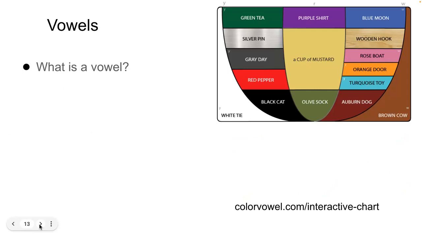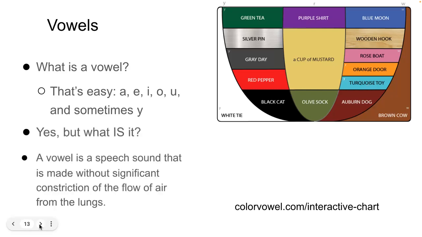So what is a vowel? Most of you probably know that a vowel is A, E, I, O, U, and sometimes Y. We kind of memorize that. That's what a vowel is. However, linguistically speaking, a vowel is a speech sound that is made without significant constriction of the flow of air from the lungs.